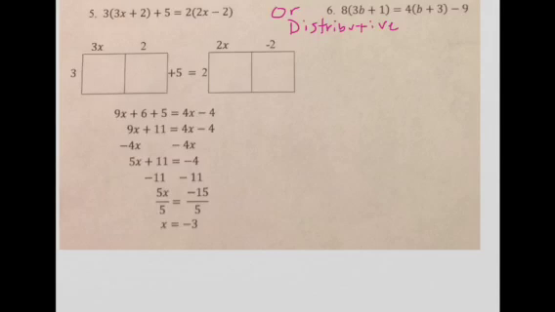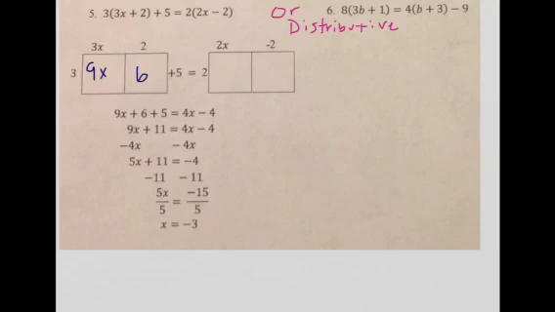All right, now this one, not only are we going to be multiplying, but we're going to be solving for x. So we're going to be using the box method, but you can also use the distributive method, whichever one's easier for you. So this is going to be 9x, and then 3 times 2 is 6.